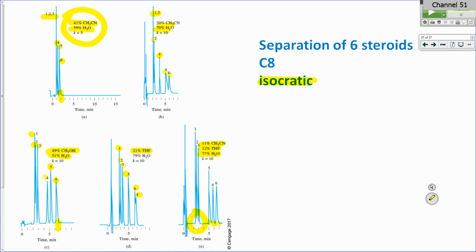Now, that seems great, but I could easily separate that in 5 minutes with a gradient. However, a lot of times, like in quality control labs, they prefer to have an isocratic system because now you don't have to worry about somebody that's not experienced with HPLC putting the wrong solvent in the wrong bottle. If you know one solvent goes in the instrument, there's not multiple solvents, you choose the simplest system.